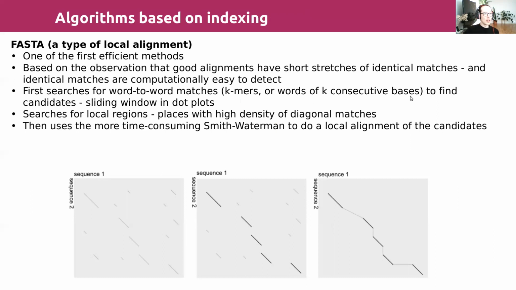And the idea is that you're finding candidates for these identical matches and searching for local regions where you have a high density of these identical k-mer matches with your target sequence. And then the algorithm uses these high density regions to connect them, and then uses the Smith-Waterman algorithm to finish off the more promising candidates.